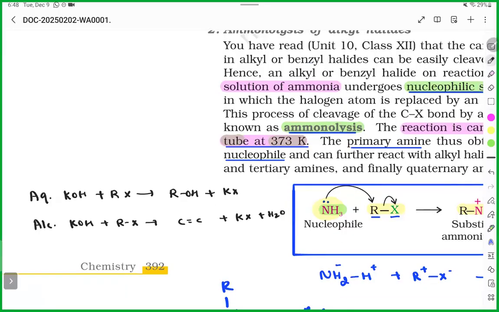What is the difference when you take alcoholic and aqueous condition? We know there is a difference in result, but why? Why do we have different results? I think alcohol might stabilize one of the ions because it's protic.